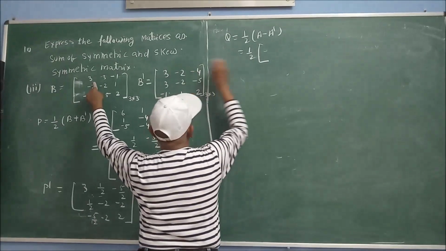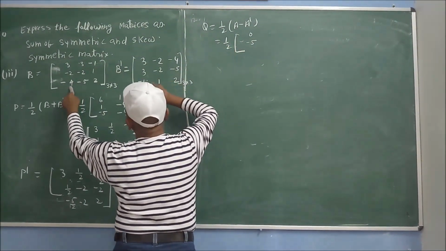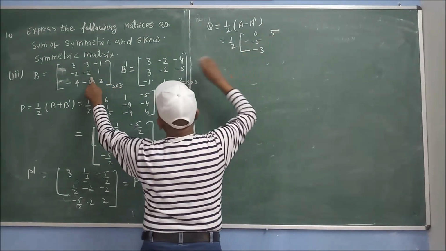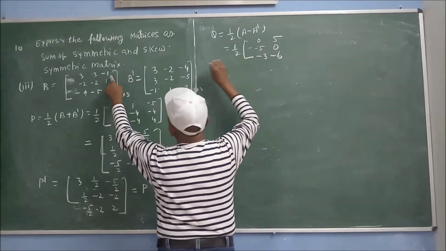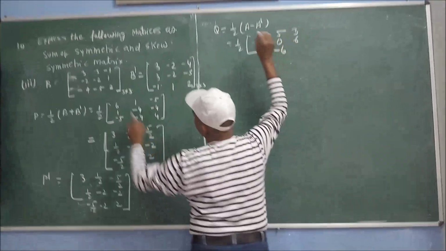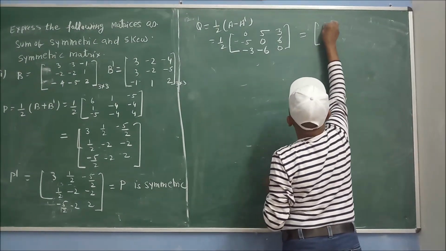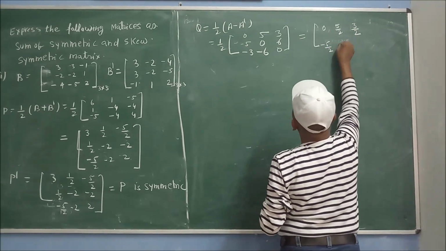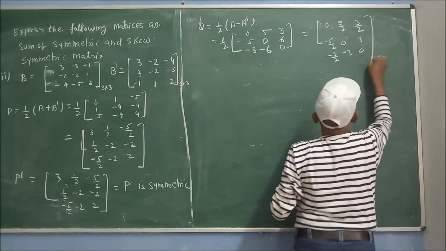Again subtract: 3 minus 3, 0; minus 2 minus 3, minus 5; minus 4 plus 1, minus 3; 3 plus 2, again 5; minus 2 plus 2, 0; minus 5 minus 1, minus 6; minus 1 plus 4, 3; 1 plus 5, 6; and 2 plus 2... So solving, we can write this will equal 0, 5 by 2, 3 by 2, minus 5 by 2, 0, 3, minus 3 by 2, minus 3 and 0, like this.